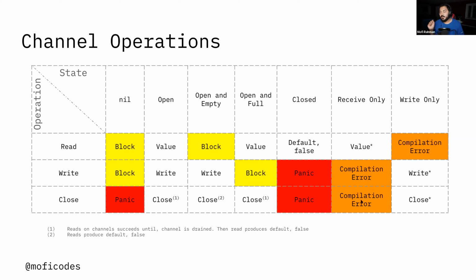This one is a little bit interesting because why is closing a receive only channel a problem? It's because a channel's close should be done by the sender. You only want to close write channels because the person writing to the channel should be the person closing the channel. And finally, if you're trying to read from a write-only channel, that's also a compilation error because that doesn't actually make sense.